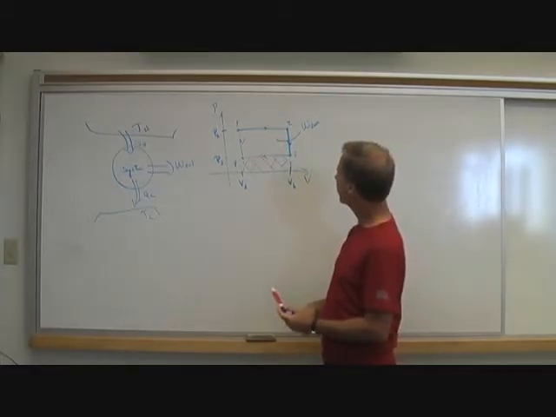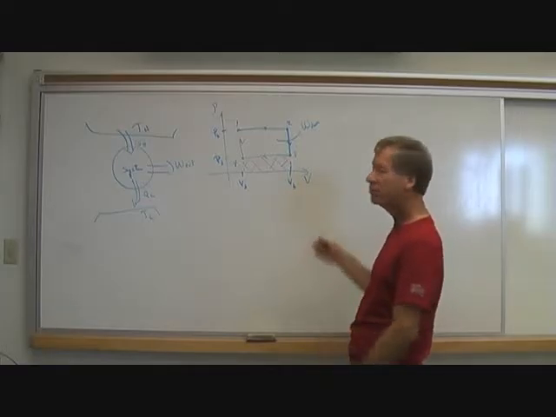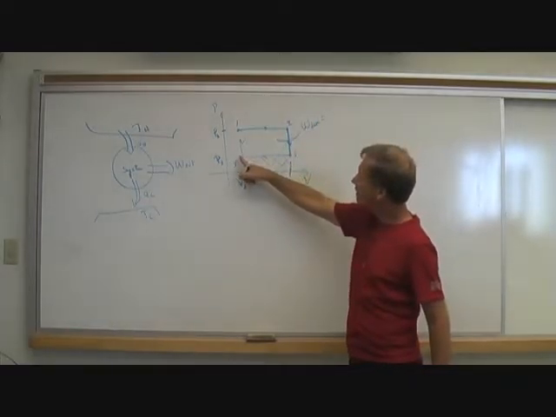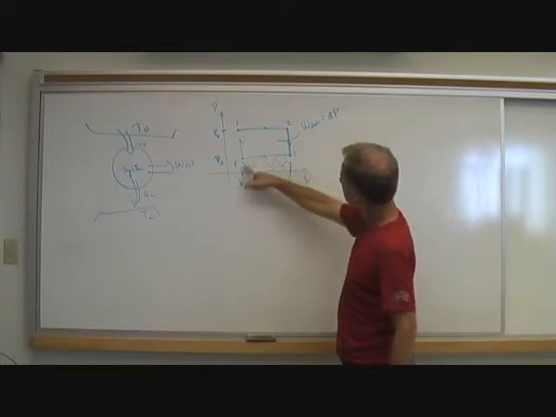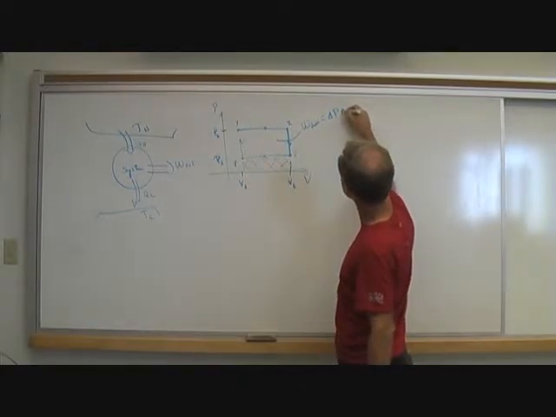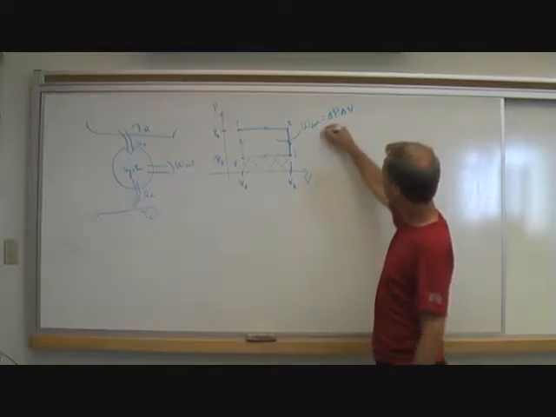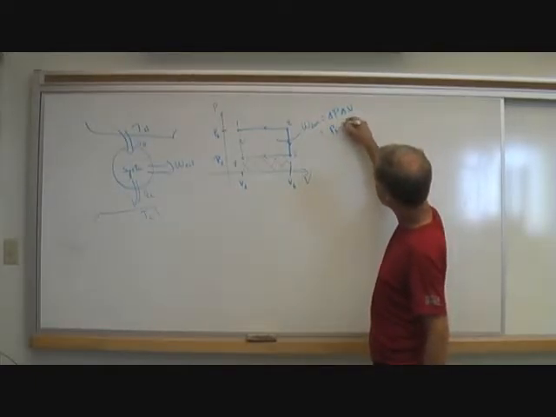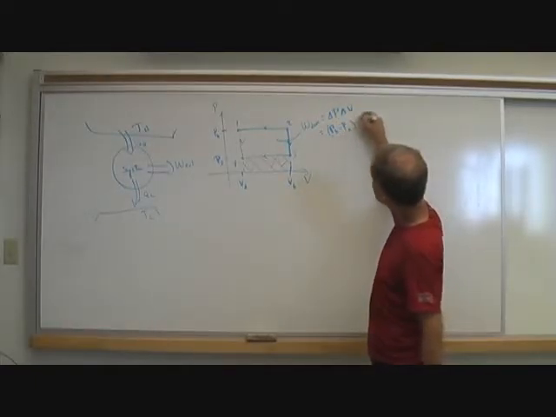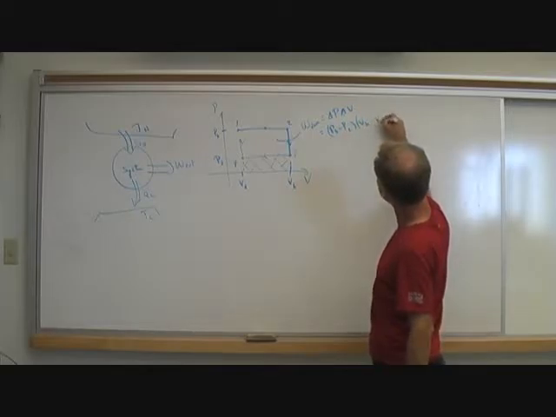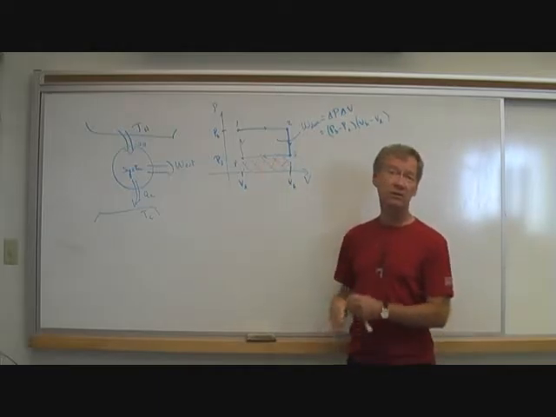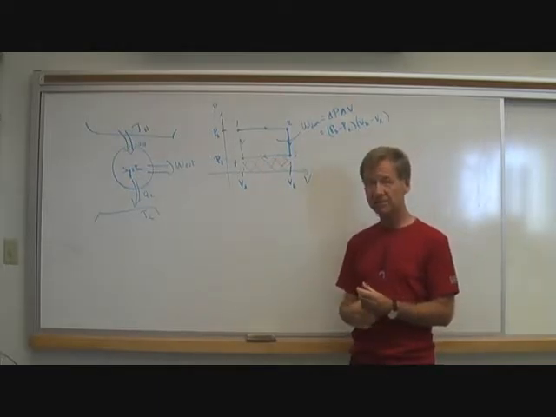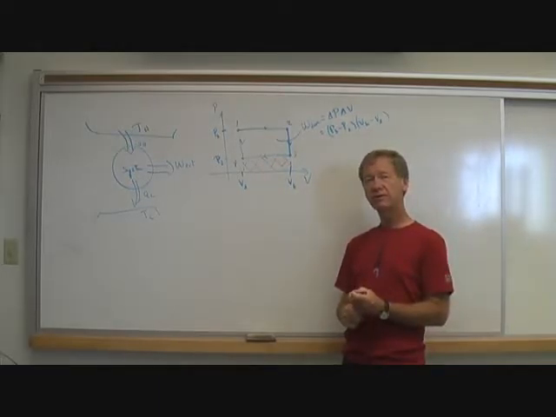Well, look, the area in that box is simply delta P times delta V. Or if I want to write it out, P high minus P low times V high minus V low. I've just calculated the work that this engine does during this cycle.